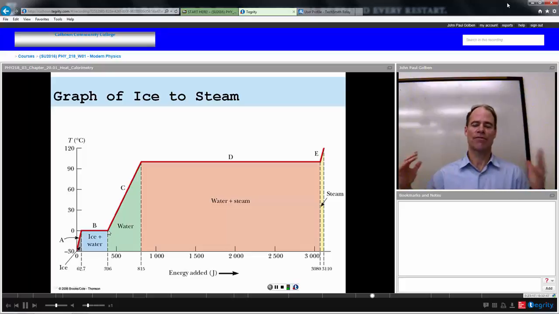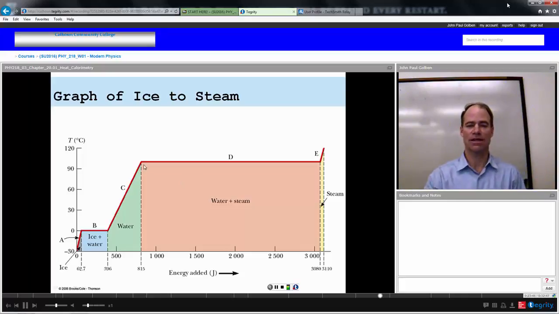Then we have, finally, liquid water, and then we can heat that substance up using MC delta T, and by adding a certain amount of heat, we can change the temperature of the water all the way up to 100 degrees Celsius, at which point we are going to go through another phase change as we go from liquid water into steam. That requires a lot of energy.